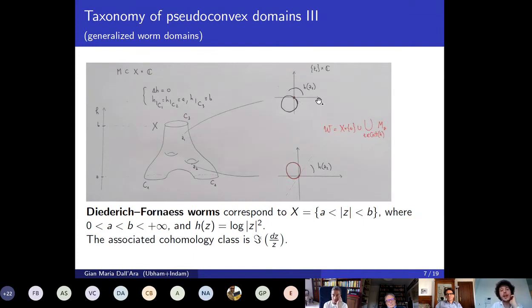What I depicted here is the intersection of my hypersurface, the boundary of my domain, with this complex plane, and the curve will have a tangent. Here it's clarified how the function h is constructed: it's just the phase that determines the slope of the tangent to this curve, which passes through the origin, of course, because the Riemann surface X is contained in the boundary.